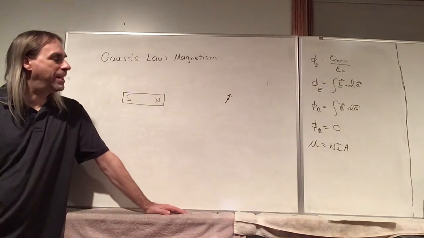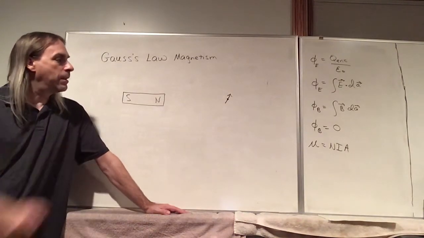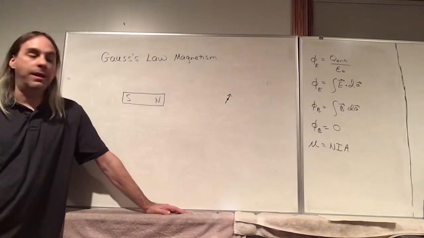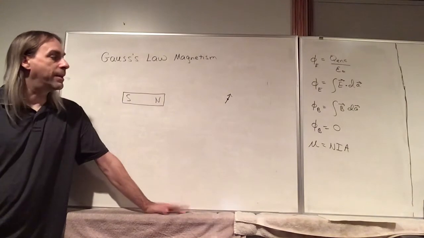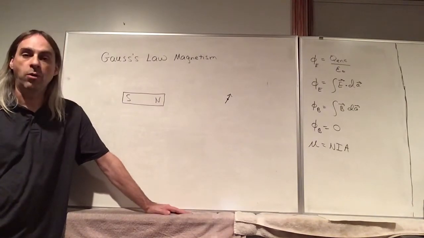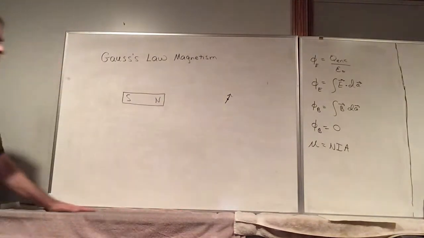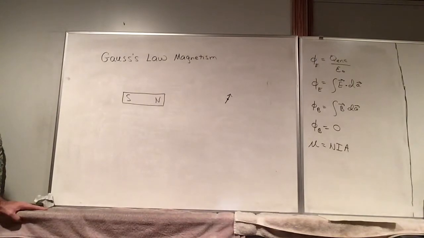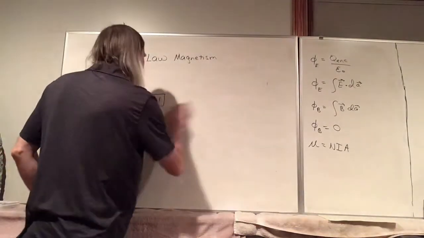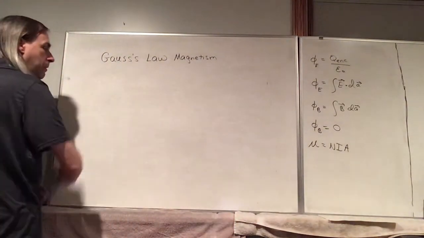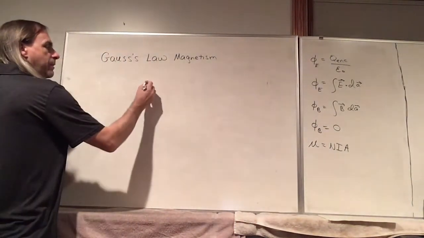There has to be some kind of reason for materials to have an overall magnetic field associated with them. And there are three types of magnetism in matter that I want to talk about. One is called paramagnetism.